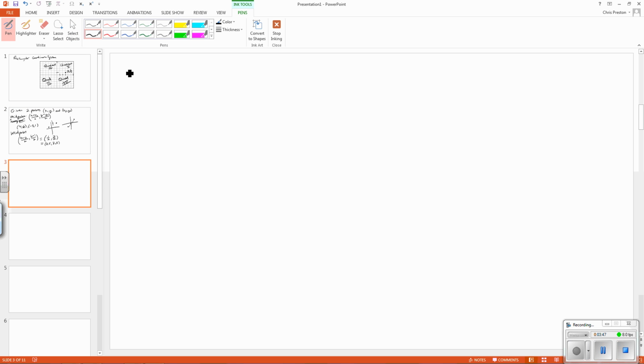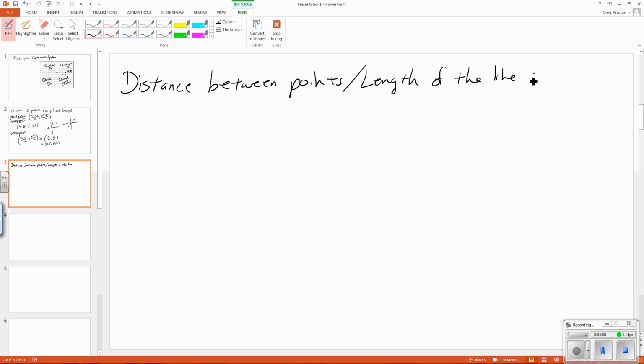Another relationship we can look at if we're given 2 points is the distance between points. How far are the points away from each other? Sometimes you hear this called the length of the line segment connecting them.